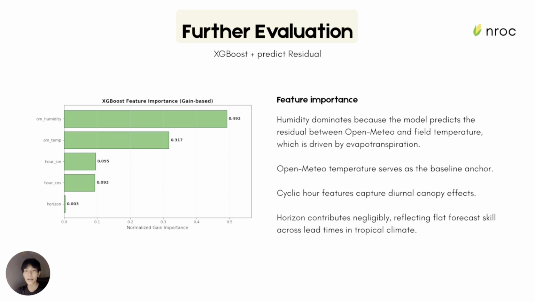And the results say that the model predicting the residual between OpenMeteor and field temperature is mainly driven by humidity. This is because of evapotranspiration, and we have also found another clue about cyclic encoding, which has some slight effect on the model accuracy.